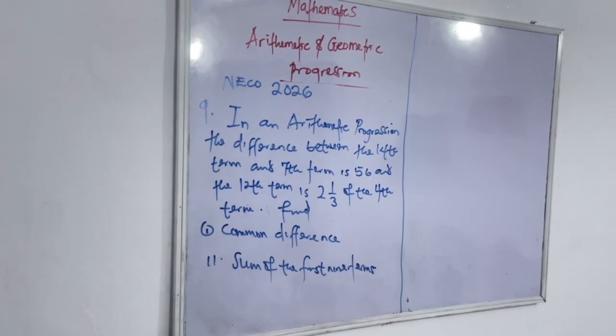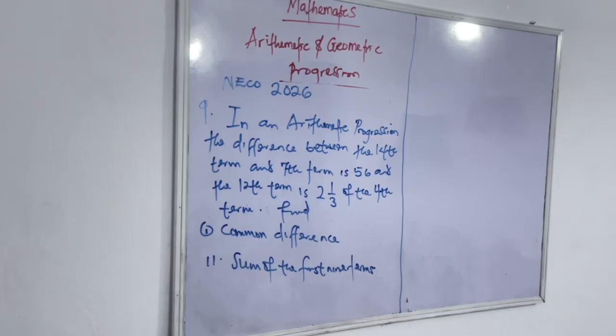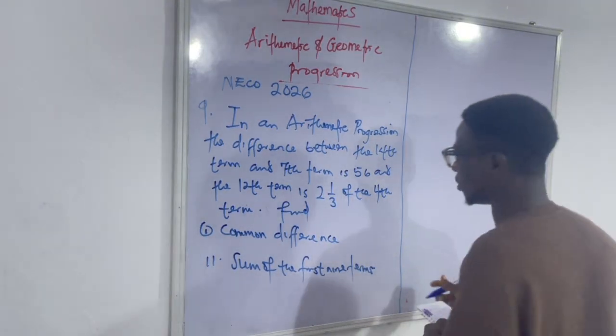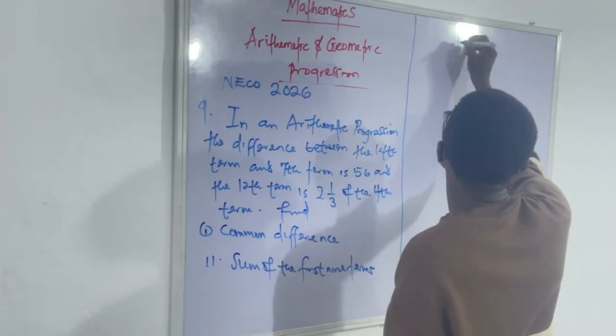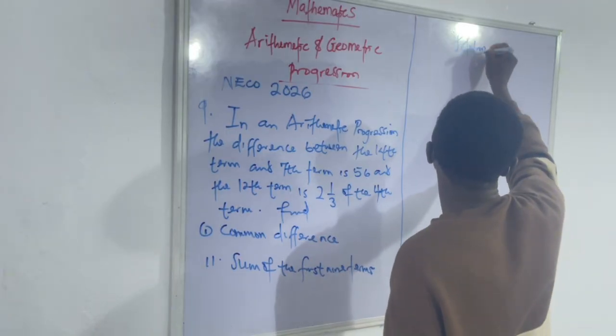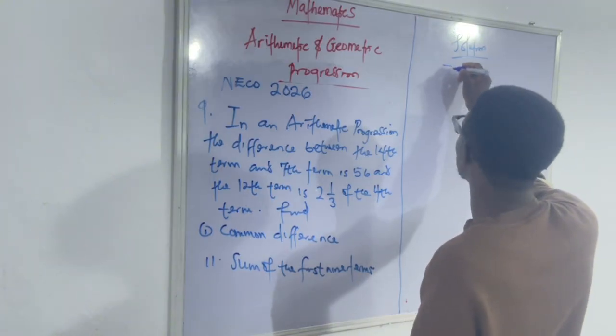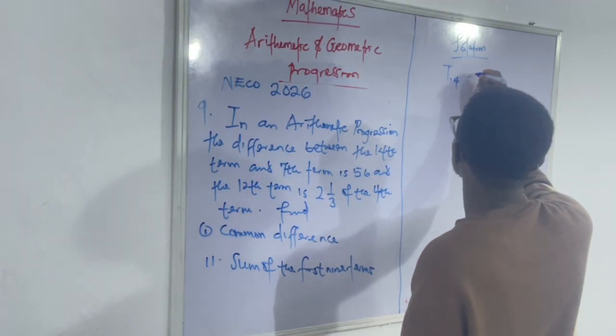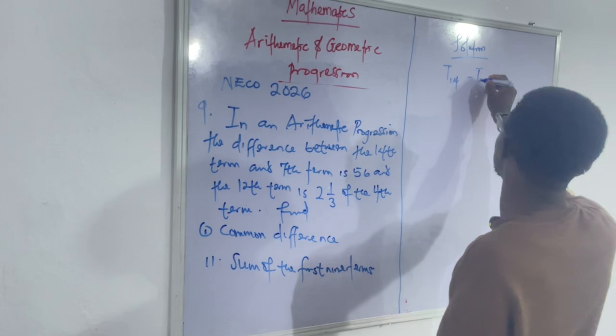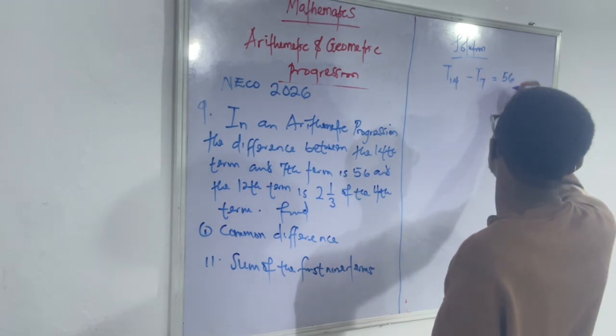So he said in an arithmetic progression, the difference between the 14th term and the 7th term is 56, and the 12th term is 2 number 1 over 3 of the 4th term. So we're told to find the common difference and the sum of the first 9 terms. So the solution: we're told that T14 minus T7 is 56.